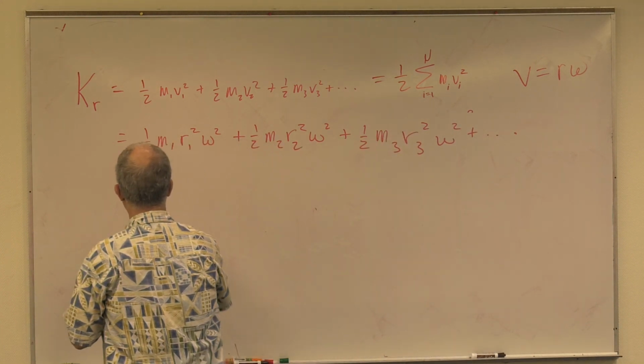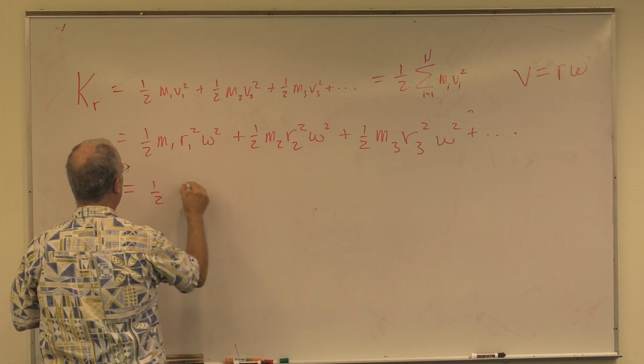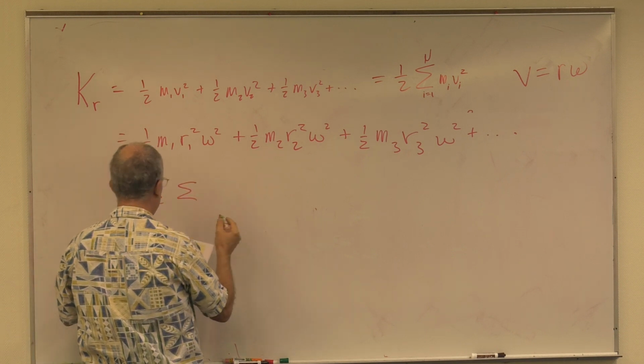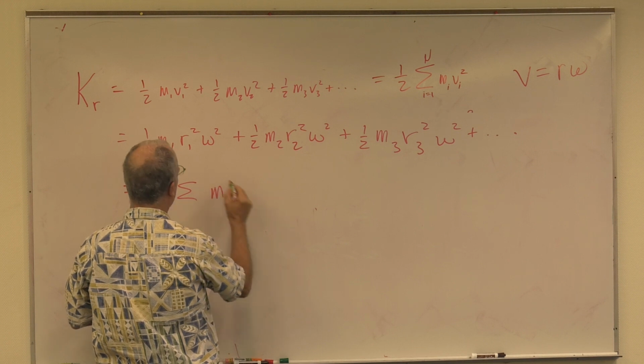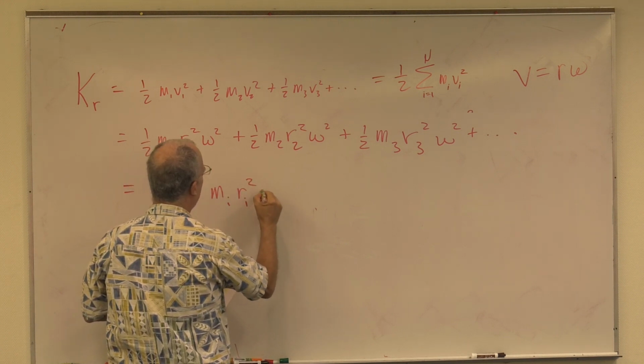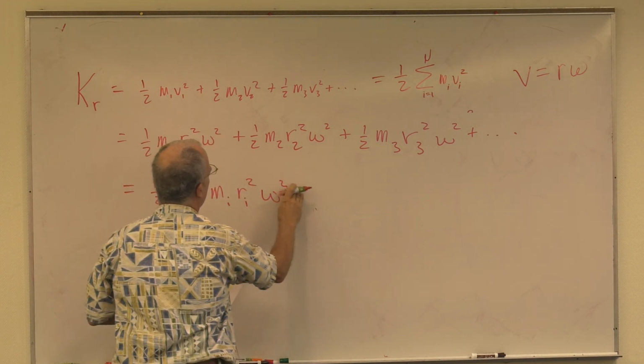Now we can be lazy and write 1/2 sum mi ri squared omega squared.